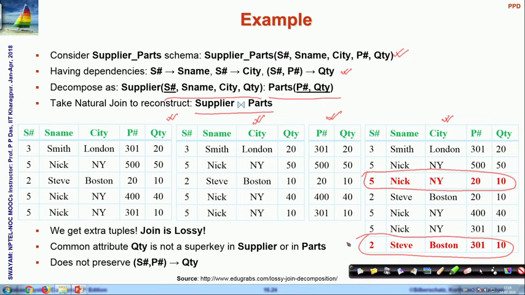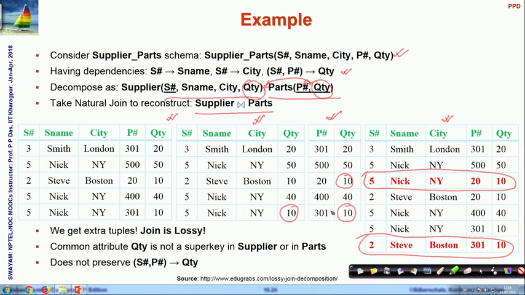They have come in because when I did the join, naturally the join had to be performed on this common attribute quantity, and based on that value. So, we have the entry 5 for NY, then we have 10 for NY, and we have two entries of 10 and 10 here.